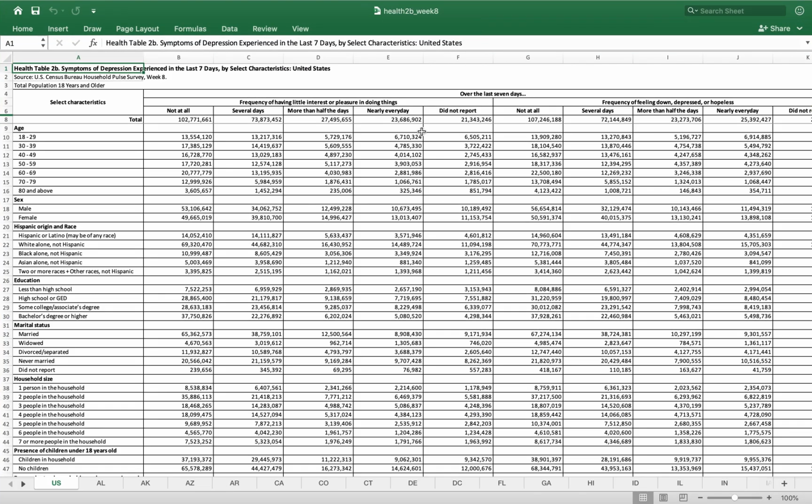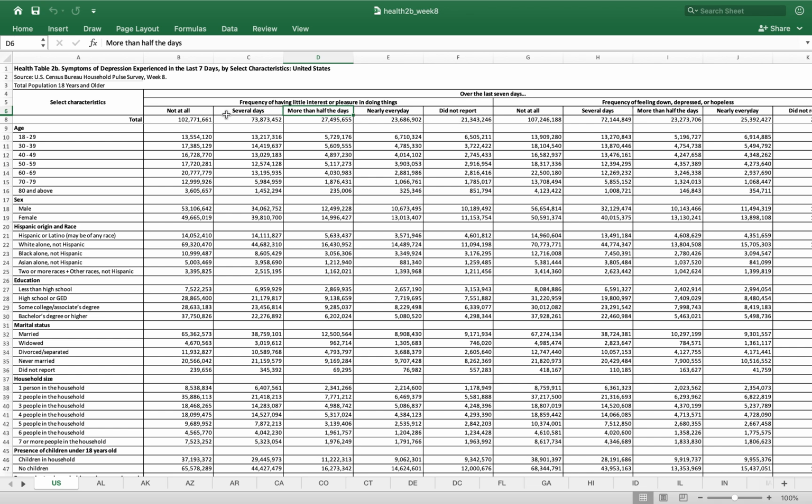So this one, I pulled up a screen about depression. And so I might want to look at, have women been depressed? And so it's looking at, hey, how often in the past 7 days did you have little interest or pleasure in doing things, or felt down, depressed, or hopeless? And so I'd have to add up everything. So the people had not at all, several days, more than half, nearly every day, or didn't report, right?